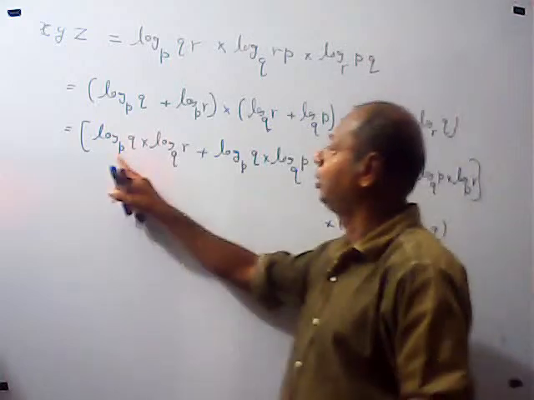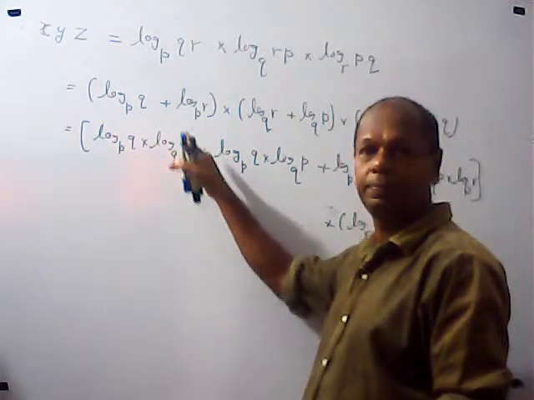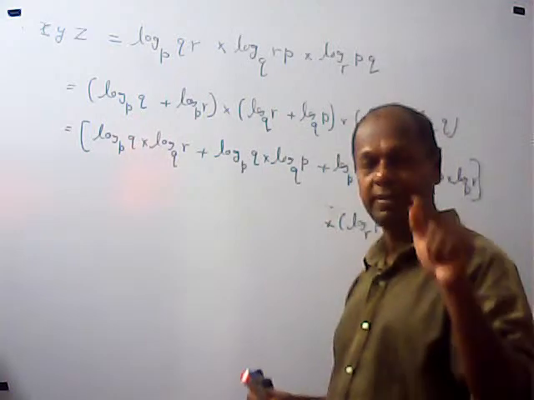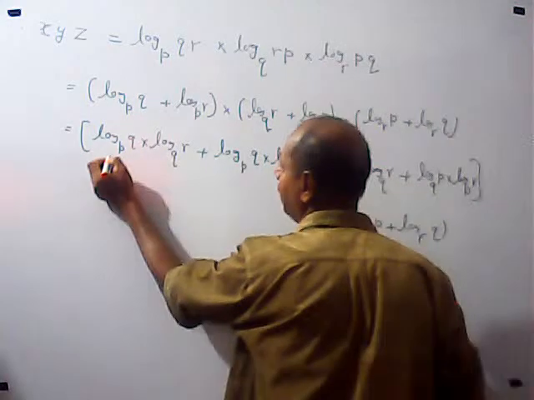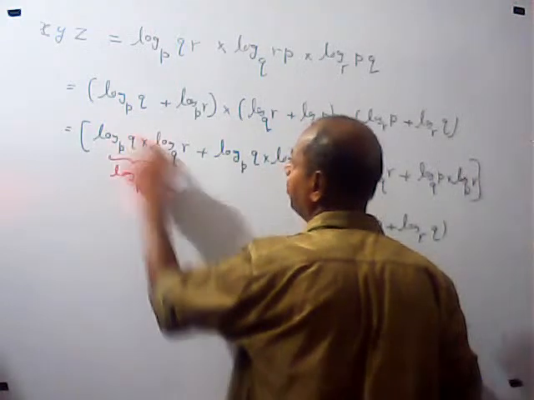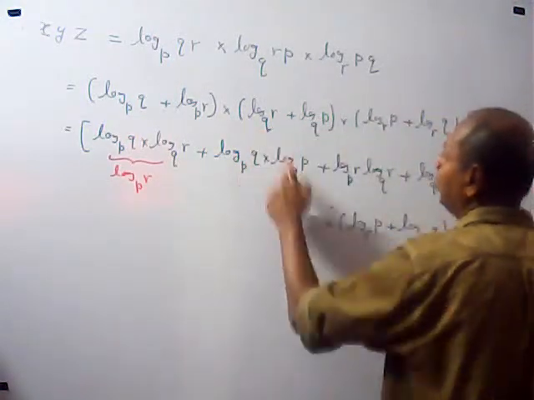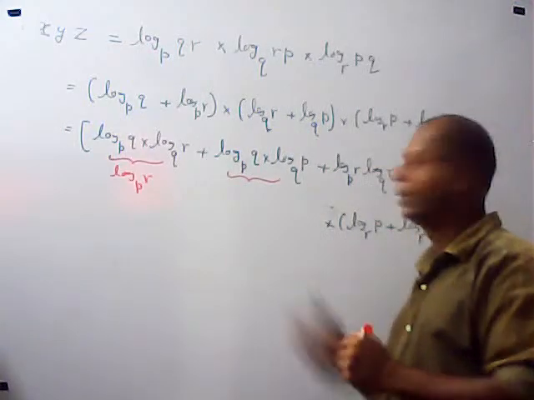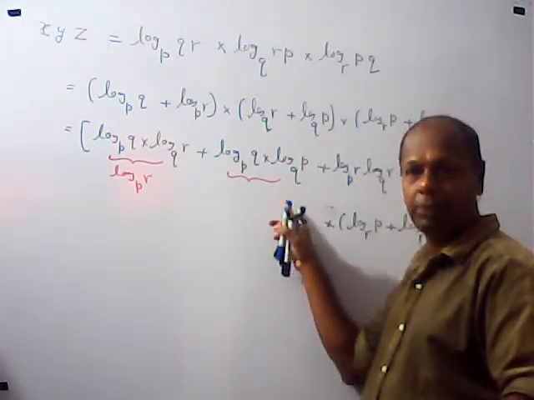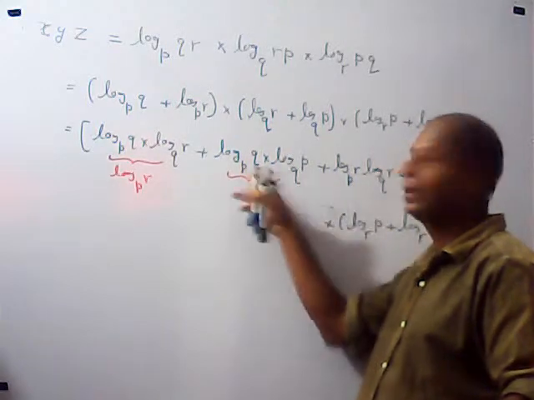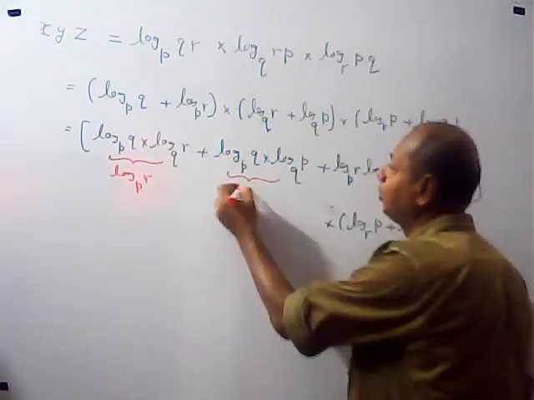Here, look at this. Log PQ log QR. We have a rule. Remember log AB log BC equals log AC. So log PQ log QR can be replaced by log PR. Q drops in the middle. Log PQ log QP. Log QP equals 1 over log PQ, change of base. This is equal to 1 over log PQ, so they get cancelled and that will be equal to 1.